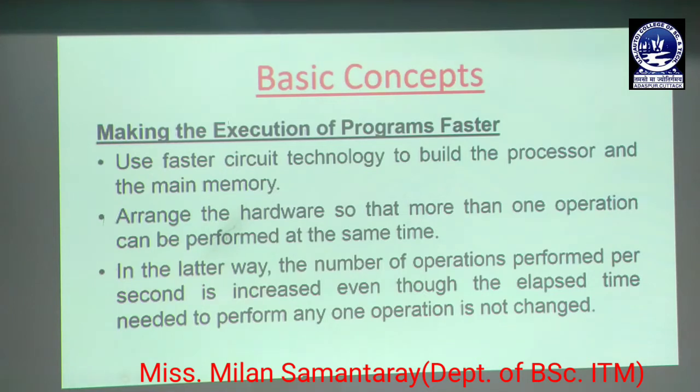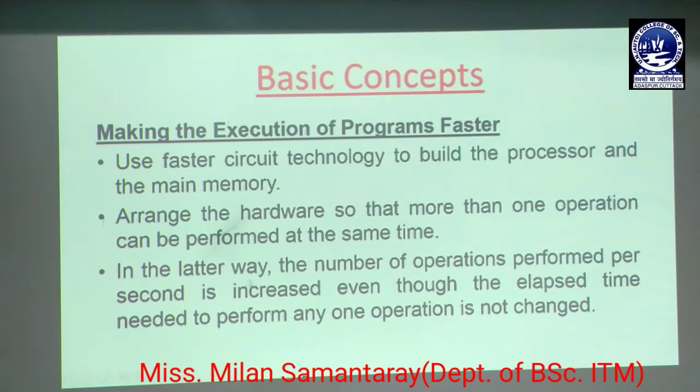Then arrange the hardware so that more than one operation can be performed at the same time. Okay. There are different components included in the processor and also in the main memory, so we have to arrange that hardware, or you can say those circuitries, in such a way that more than one operation can be performed at a single point of time, or you can say in parallel.